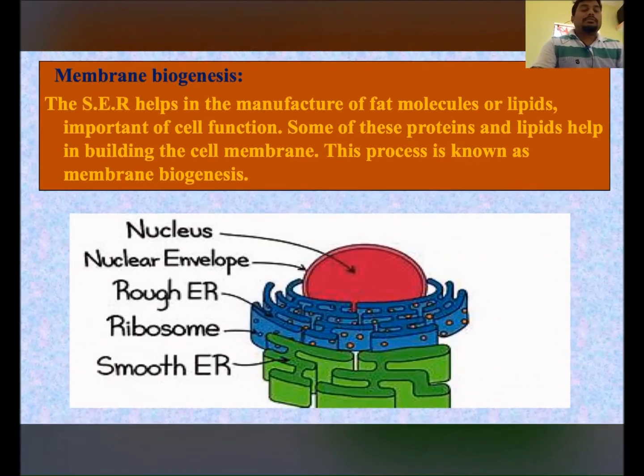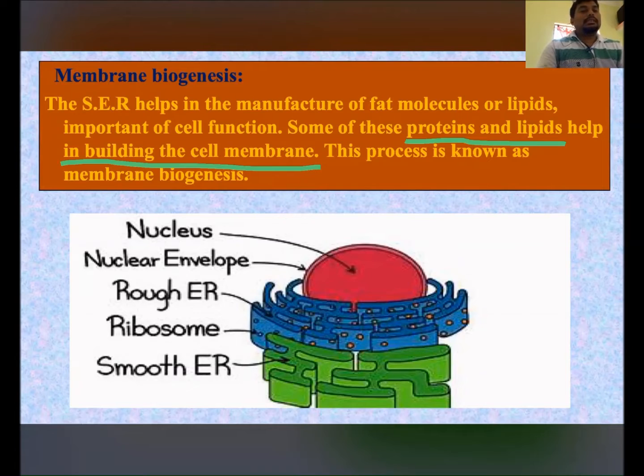Very important function of smooth endoplasmic reticulum is membrane biogenesis or membrane synthesis. Smooth endoplasmic reticulum helps in the manufacture of fat molecules or lipid molecules, and these are important for cell functions. And some of these proteins and lipids help in the building of cell membrane.